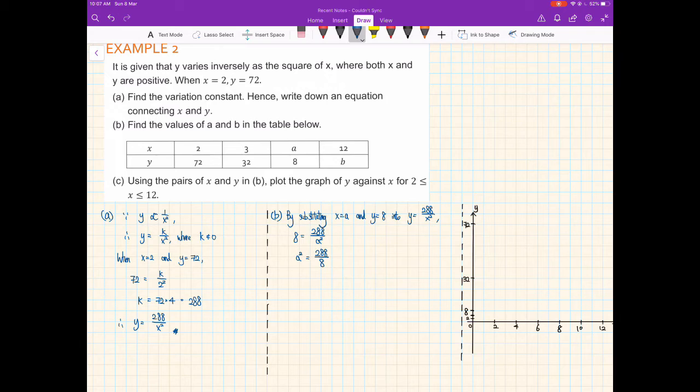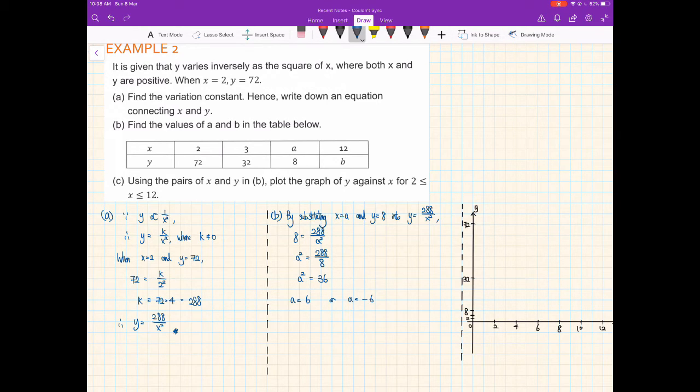And that is just 36. a squared is equal to 36. We can take the square root on both sides, so we have a is equal to 6 or a is equal to negative 6.